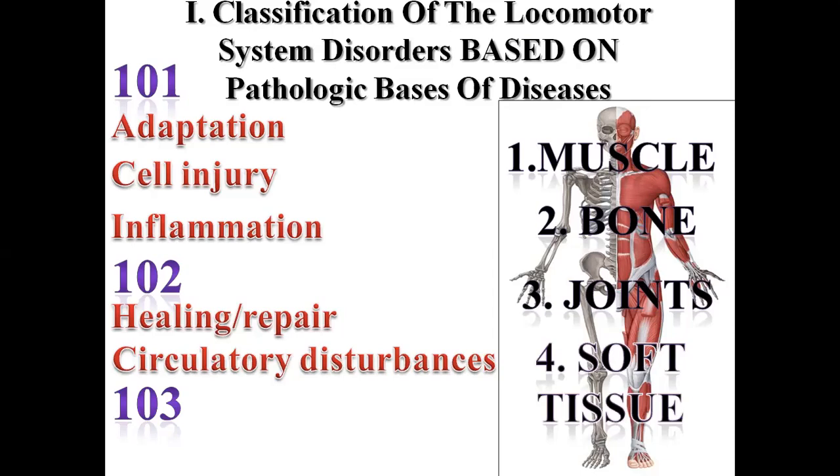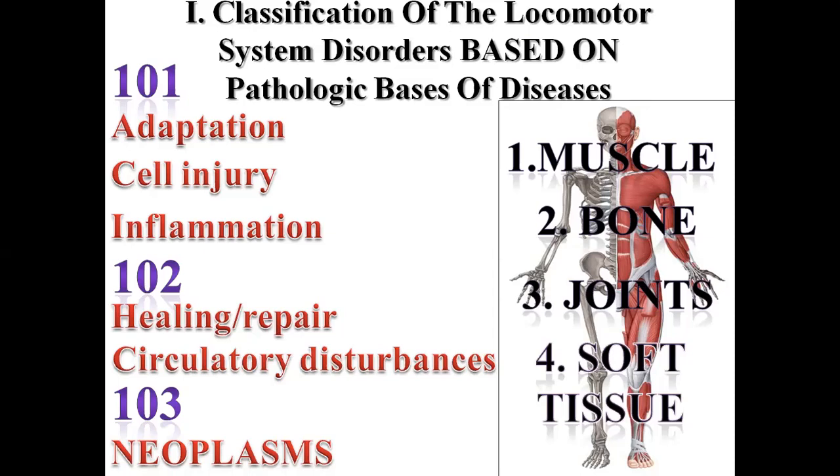So let's complete our picture of the modules and get to the 3rd module, which is the locomotor system module that we are in. In the locomotor system module, we will study disease categories in muscle, bone, joint, soft tissue that may be classified under adaptation, cell injury, inflammation, healing, circulatory disturbances, as we said before.